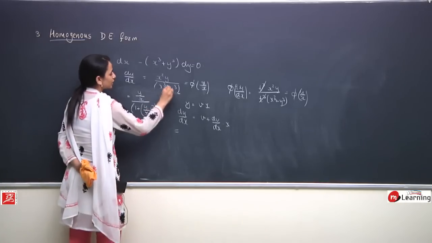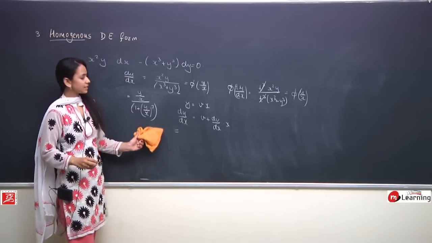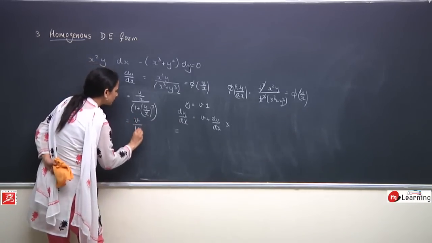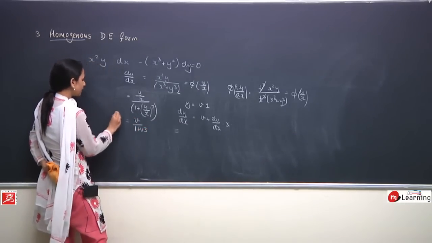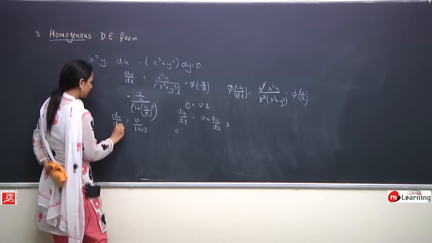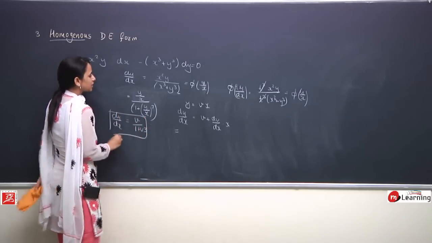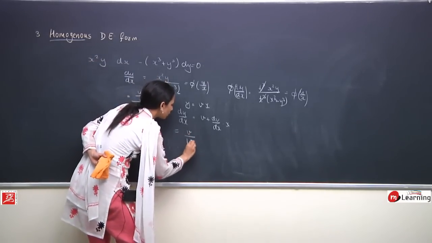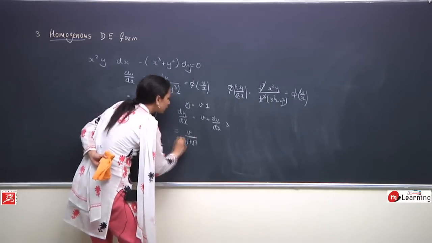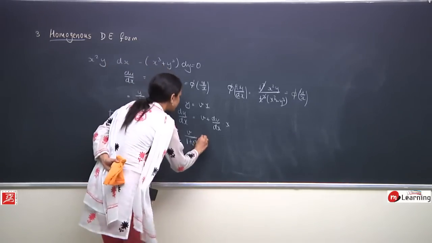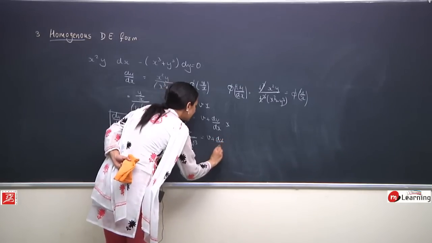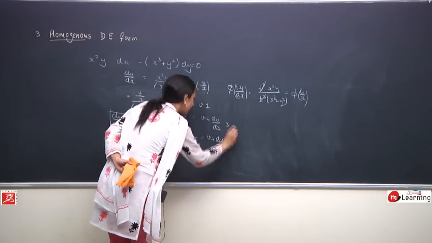And we already have substituted y by x as v. So this is equals to v upon 1 plus v cube. This is my dy by dx. So here I can write dy by dx is equals to v upon 1 plus v cube. This is equals to v plus dv by dx into x.